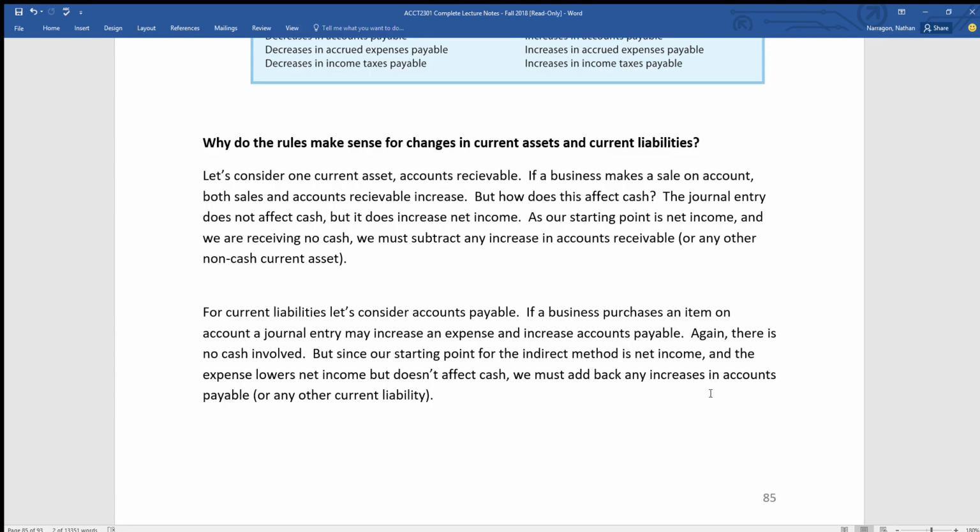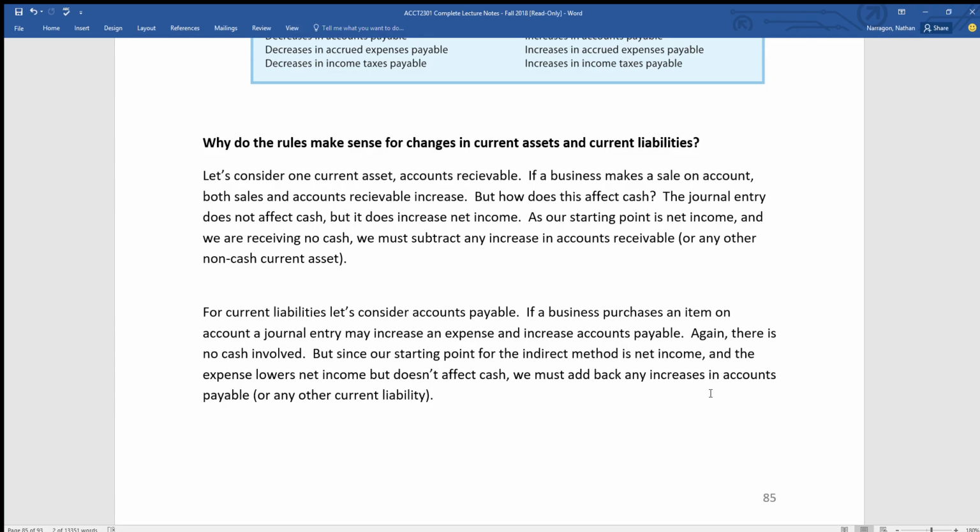Cash doesn't get affected until we actually receive the cash from the customer. So it does increase net income, but since we're looking at cash flow, we didn't receive any cash. So any increases in accounts receivable have to be subtracted out because it's showing a sale and an increase to our net income, but no cash involved yet.